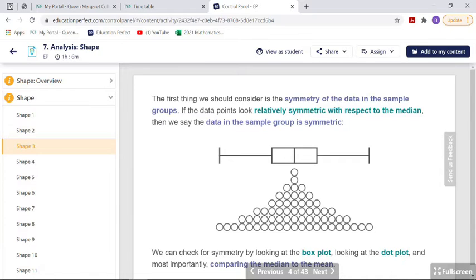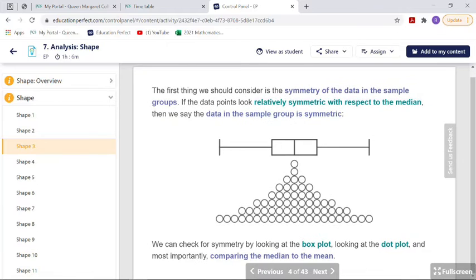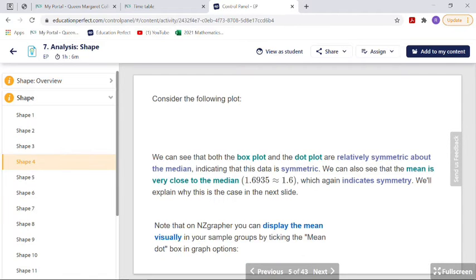You see that one side is a mirror image of the other. Now, we can look at symmetry in different ways when comparing these things. But always remember that the median is here in the middle, and if it's symmetrical, that means it's going to be spread out evenly on both sides of it. Make sense? Okay. So shape is probably the easiest thing we're going to work with.